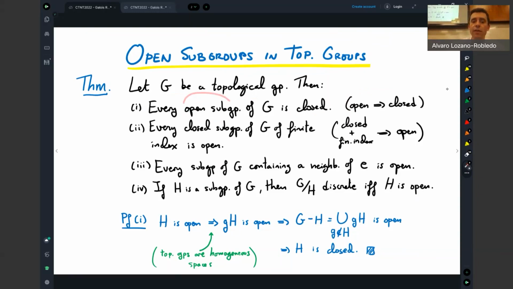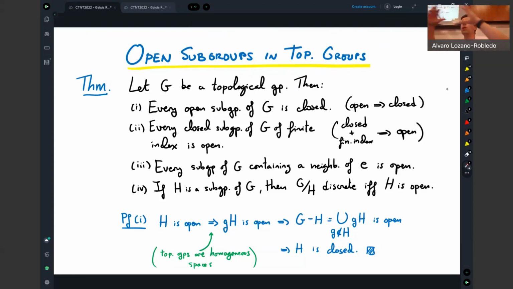And the reason is that if I have an open subgroup, I can look at the cosets of that subgroup. Because multiplication is a continuous map, you can use that to show that topological groups are what we call homogeneous spaces. If you have an element and you look at all the open sets that contain that element, by multiplication being continuous, or rather by the inverse map, I can bring all my opens to another element.